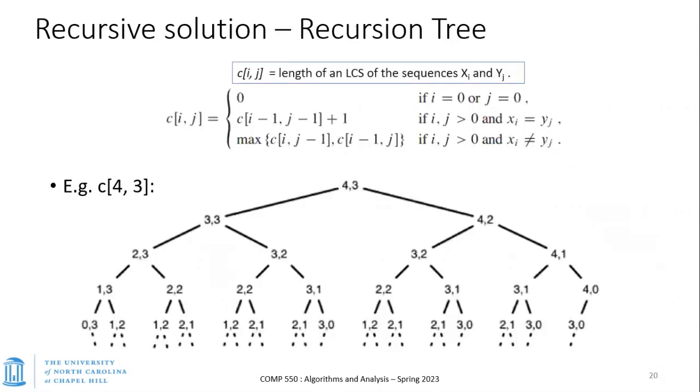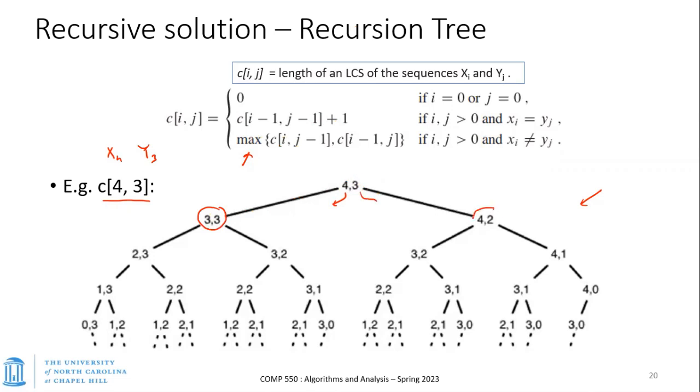And then here we can actually show you a recursive tree. For example, if you're trying to solve for the longest common subsequence of x4 and y3, then essentially what we're saying is that the worst case is that you need to divide up that problem at the last part, and you look at the LCS lengths for either x being reduced or y being reduced.